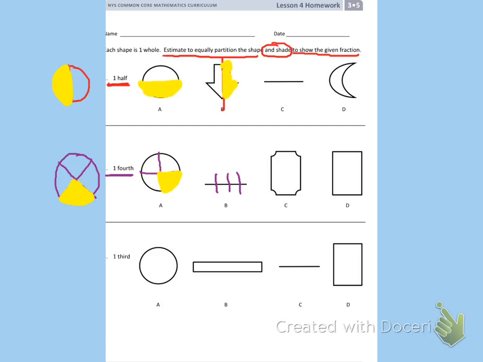And I will shade 1/4. Now you do items C and D on your own.